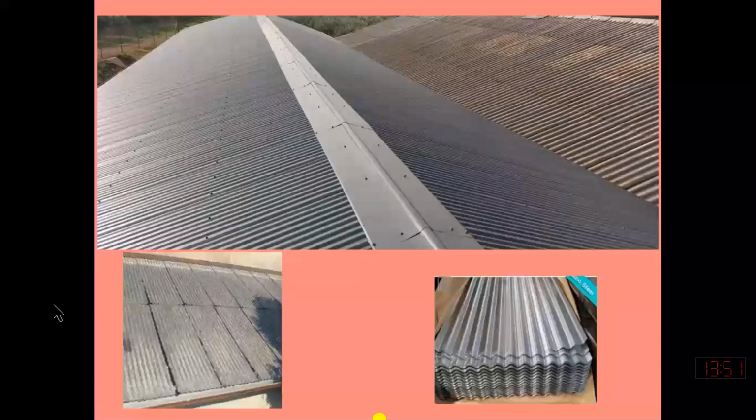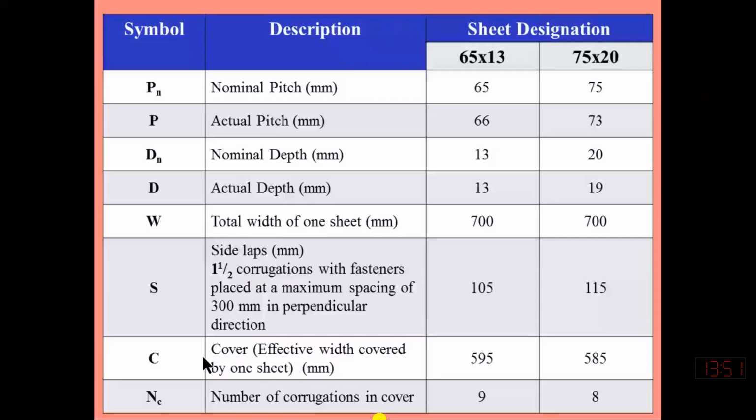So the total width of the sheet which is available in the market is 700 millimeter. S is side lap. Side lap is 1.5 times the corrugation. Side lap means that when we are placing two sheets side by side, we need to provide some overlap so that during the rainy season water may not percolate along the side.